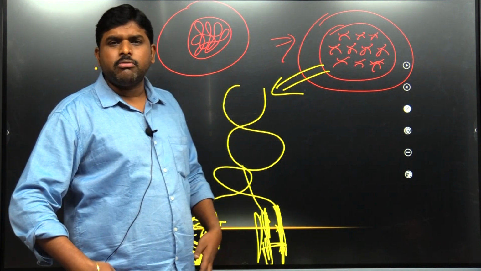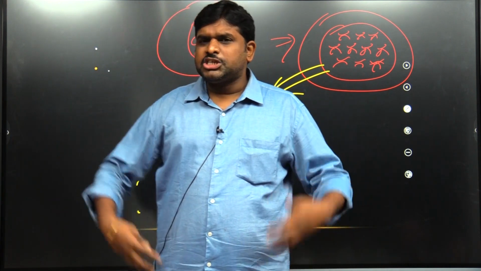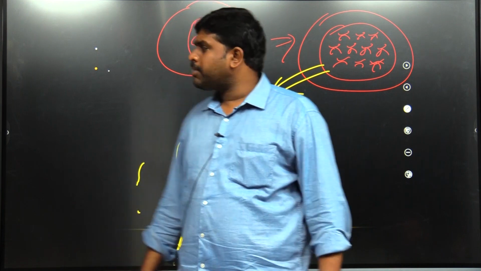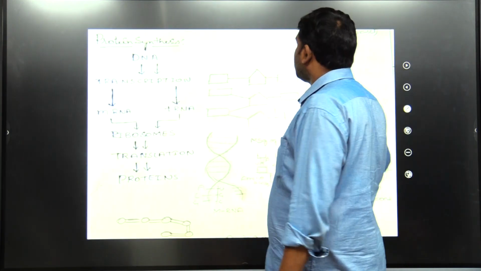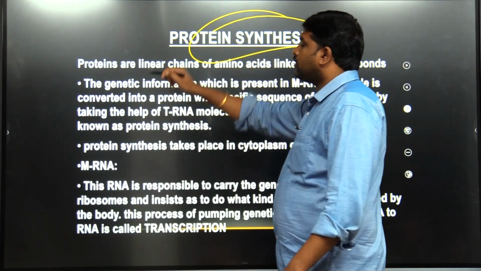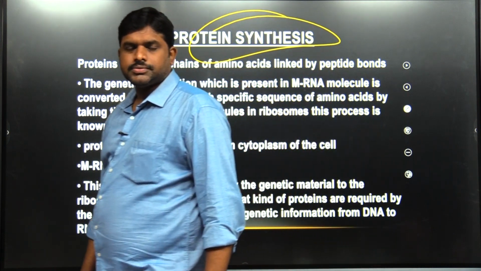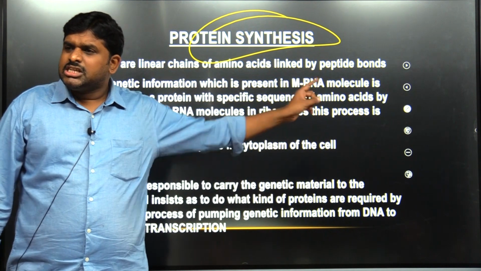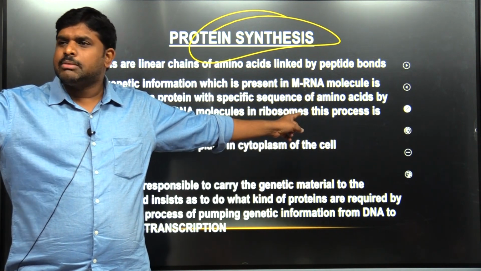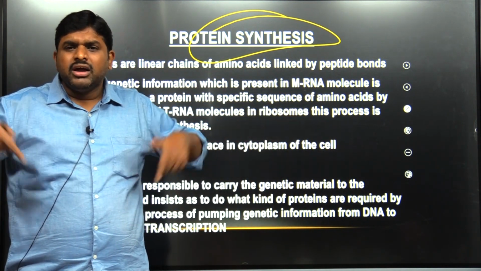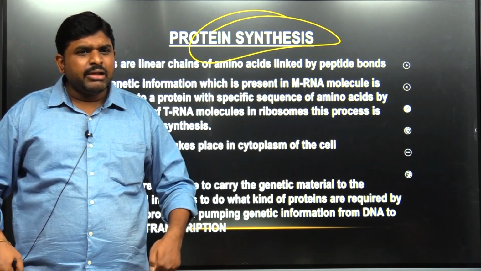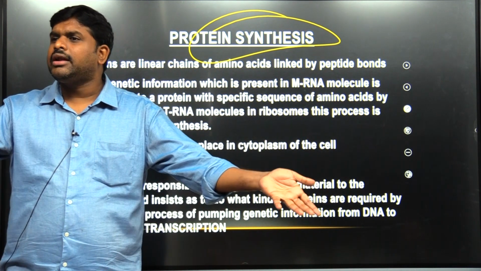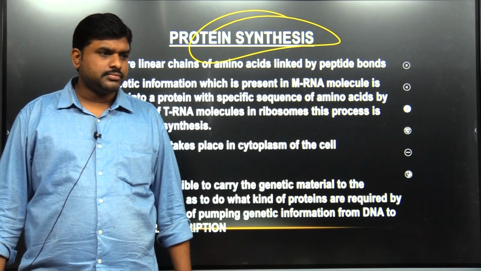Complete functioning of the human body, DNA replication, DNA structure, everything is because of protein synthesis. Enzymes are proteins, hormones are proteins. If this protein synthesis is wrong, enzymes will be wrong. If enzymes are wrong, DNA replication will be wrong. If DNA replication is wrong, I will die. Why? Because there is no growth and development.